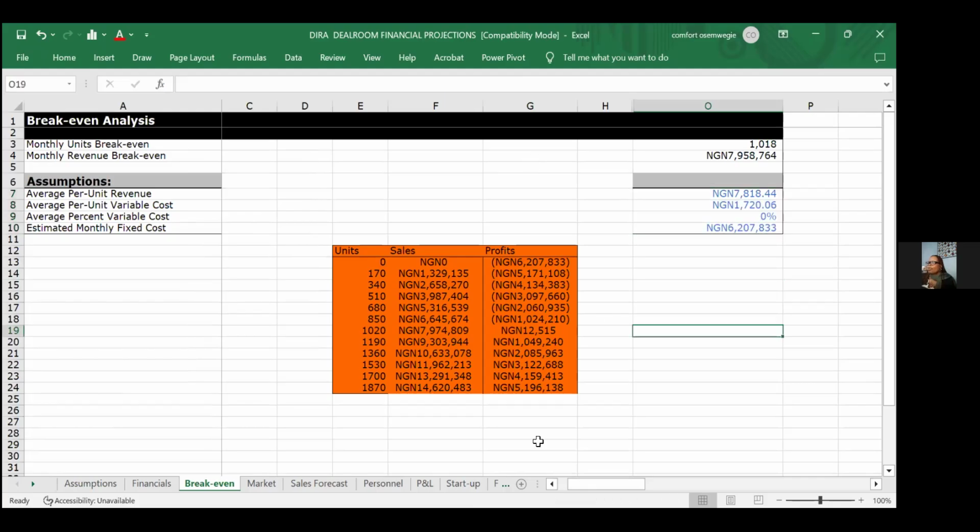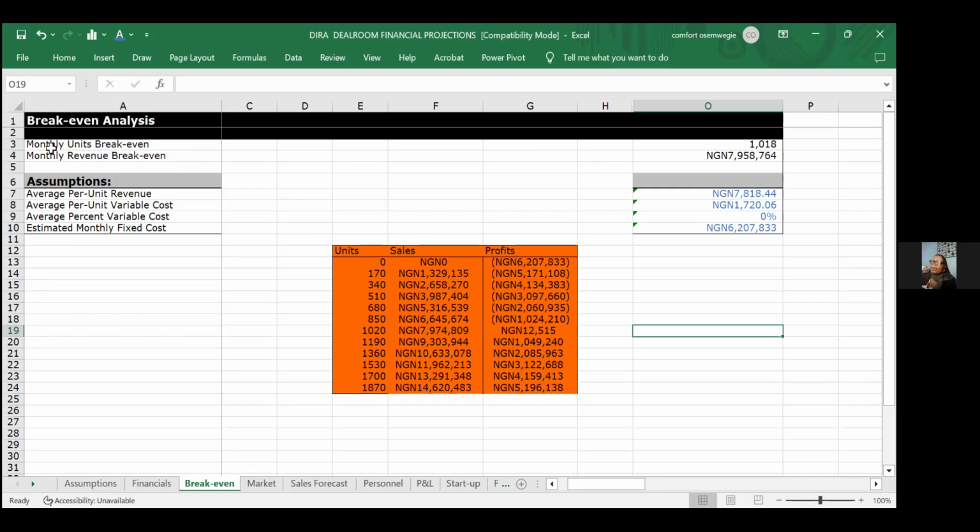All right. So this computes the break-even point for the business. What does break-even point do? It allows you to understand the monthly units that you need to sell for you to break even as an organization, and the monthly revenue you need to make to break even as an organization.